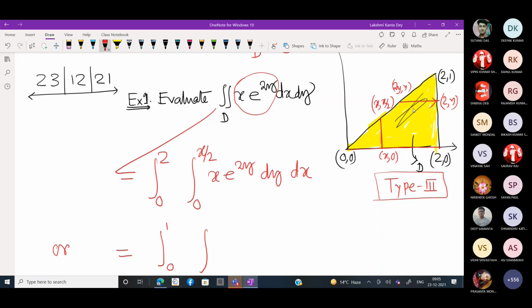And what is the range for x? x is twice y here. This is your x, and x is 2. So x e to the power twice y, it is dx dy.